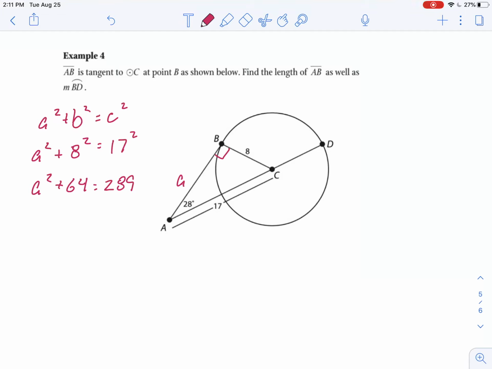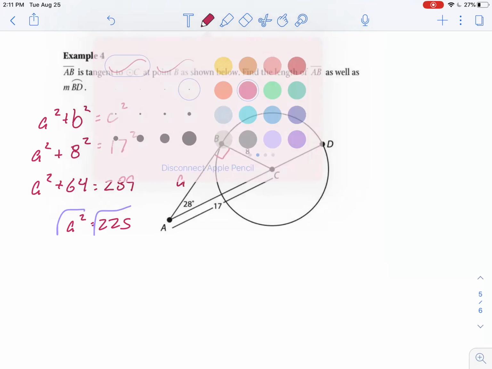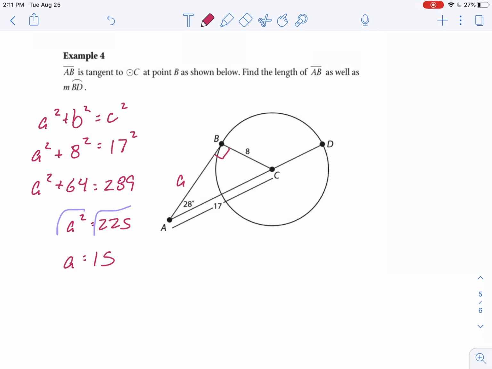I'm going to subtract 64 from both sides, and I'm going to get 225. Then to solve for A, I'm going to take the square root because it's the inverse operation of squaring. And what I get is 15. So side A is 15.